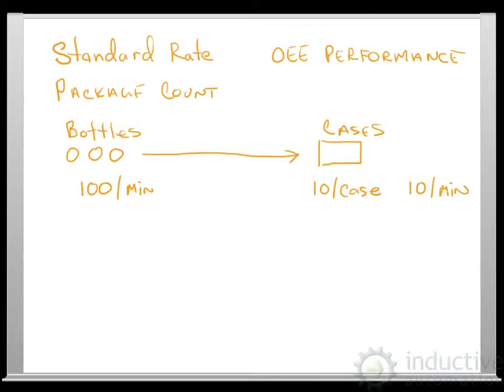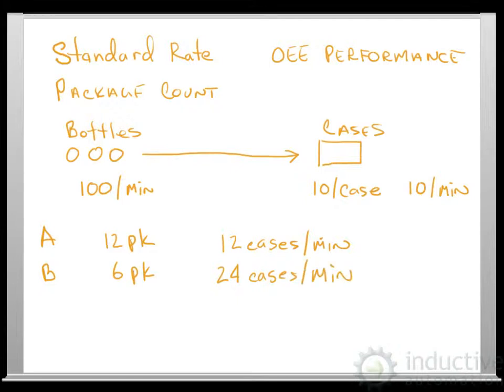So product A might be a 12 pack, and its standard rate might be 12 cases a minute. But product B may be a 6 pack, and maybe you're running 24 cases per minute.